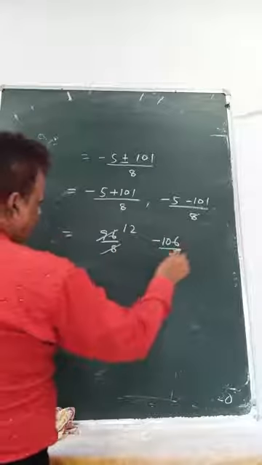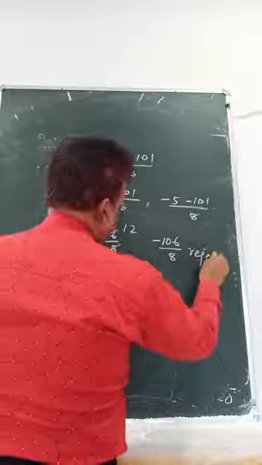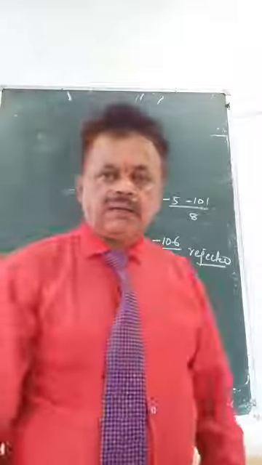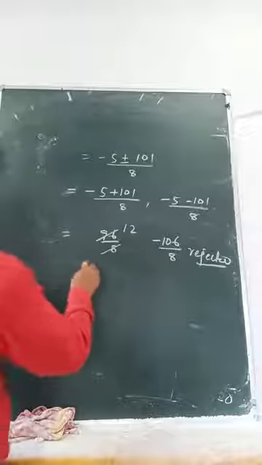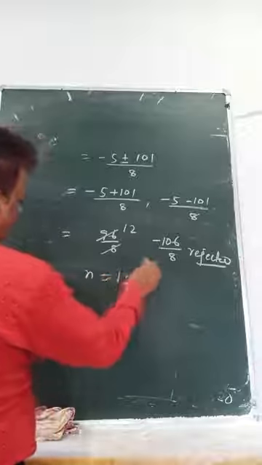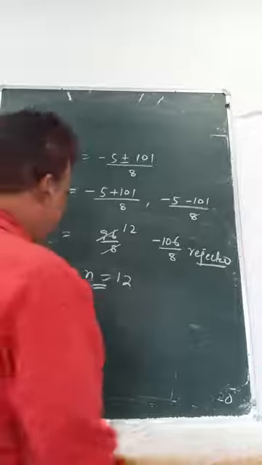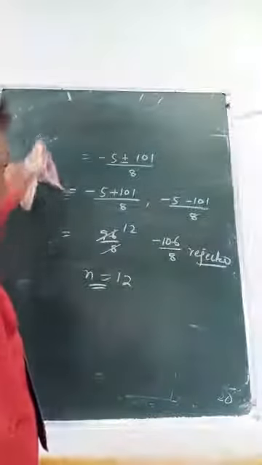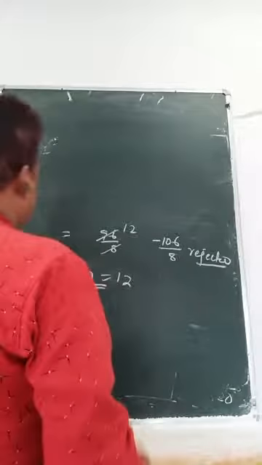That is 12. This is rejected. Why rejected? Negative number. N cannot be negative. So n equals 12. This is our answer. How many terms should be taken? 12 terms.